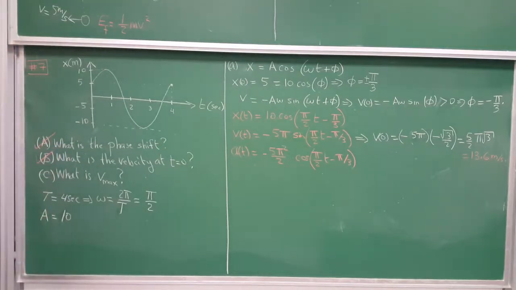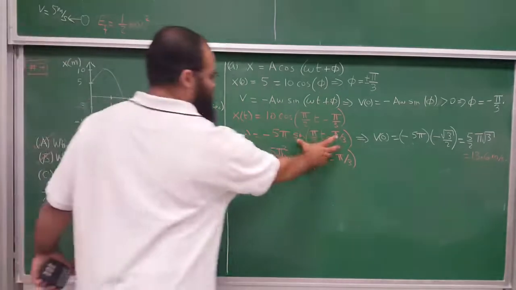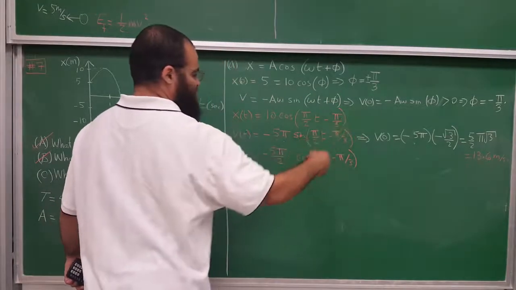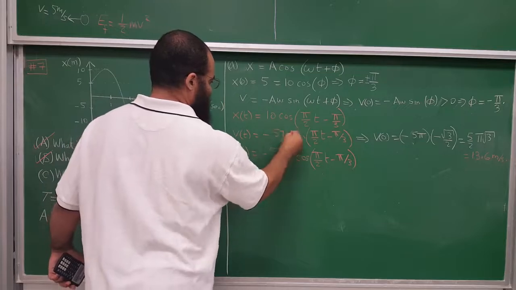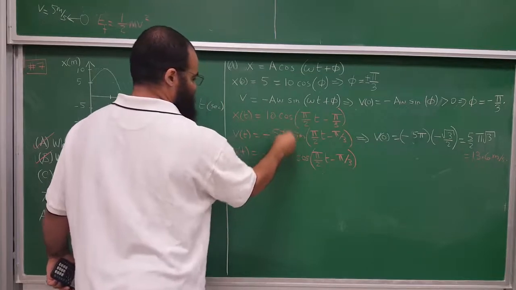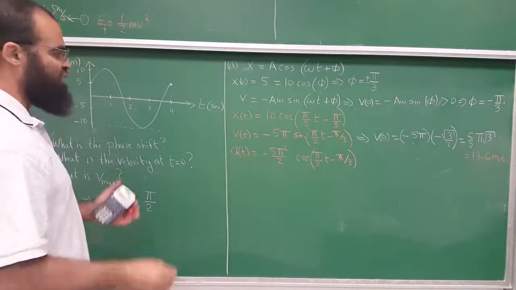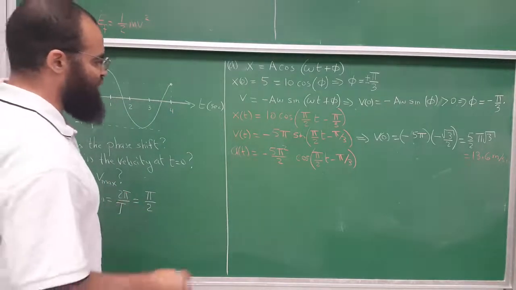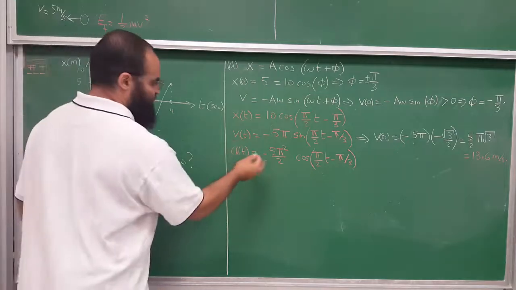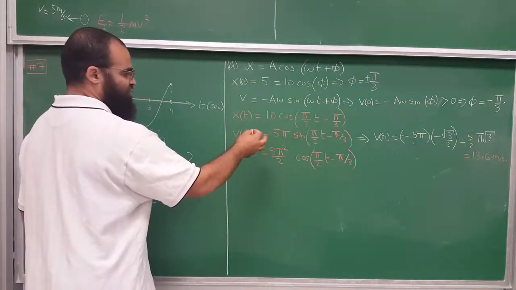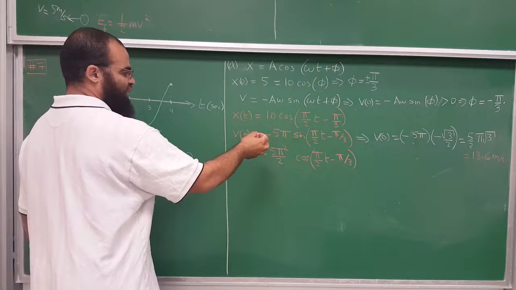So that's good. And then what is the maximum velocity? Remember, this function here, sine, oscillates between plus and minus 1, so the maximum velocity is just this number, 5 pi is what's in front. That's the maximum speed and maximum velocity. The maximum velocity will have a magnitude of 5 pi.